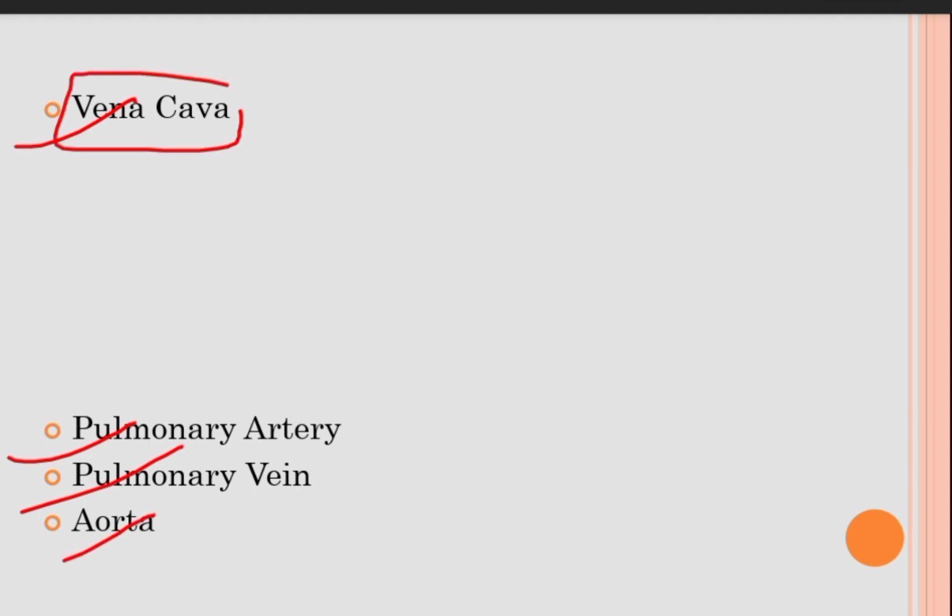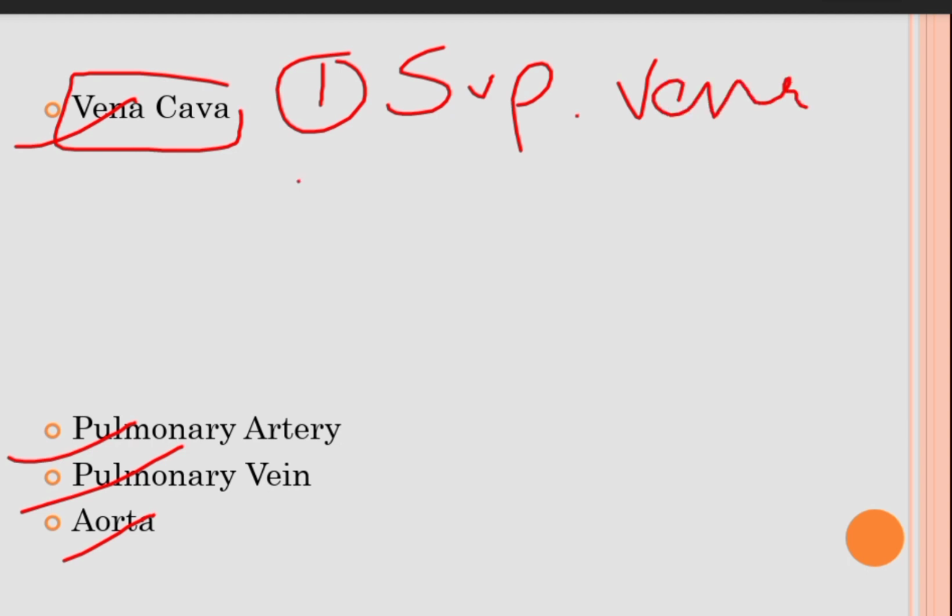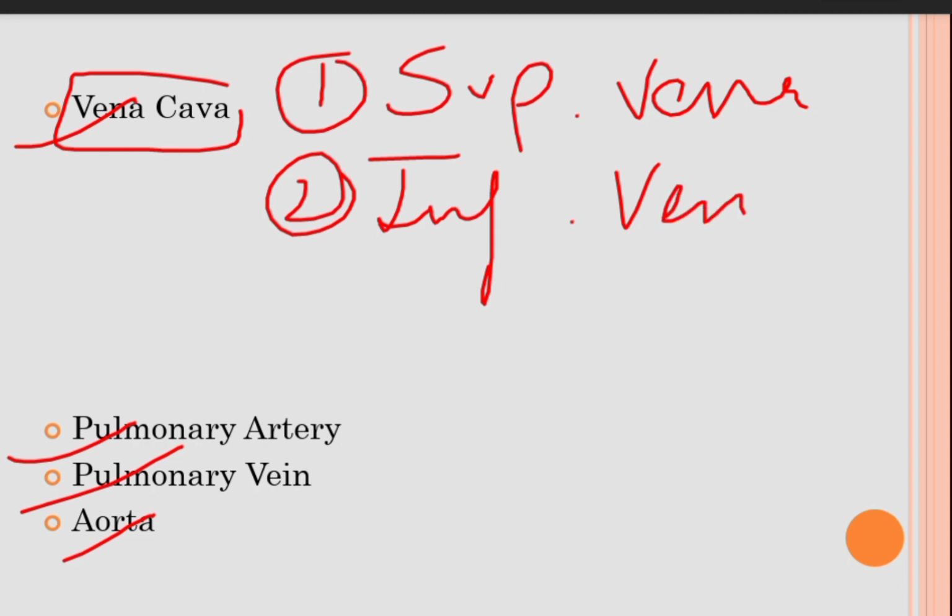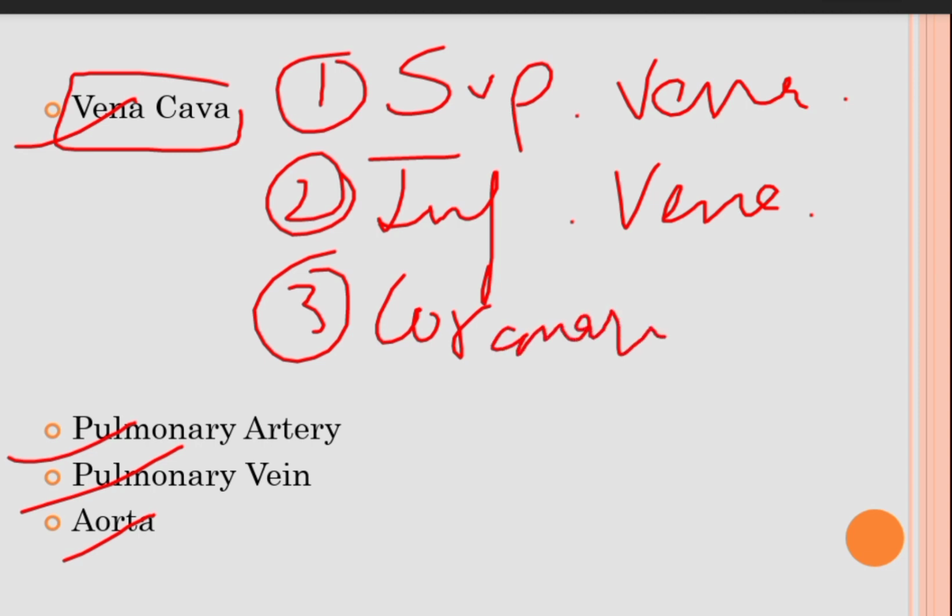Now, first point, vena cava. It is of three types. First is superior vena cava. Next, inferior vena cava, and third one is coronary sinus. So basically there are three vena cava vessels.